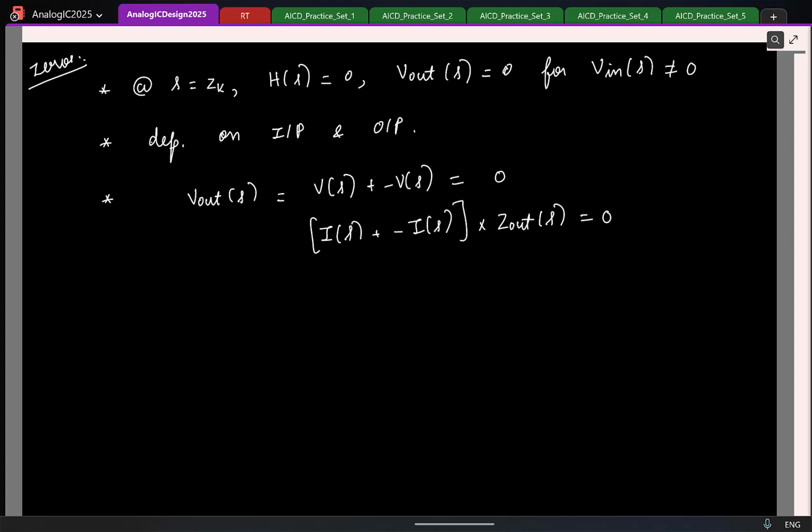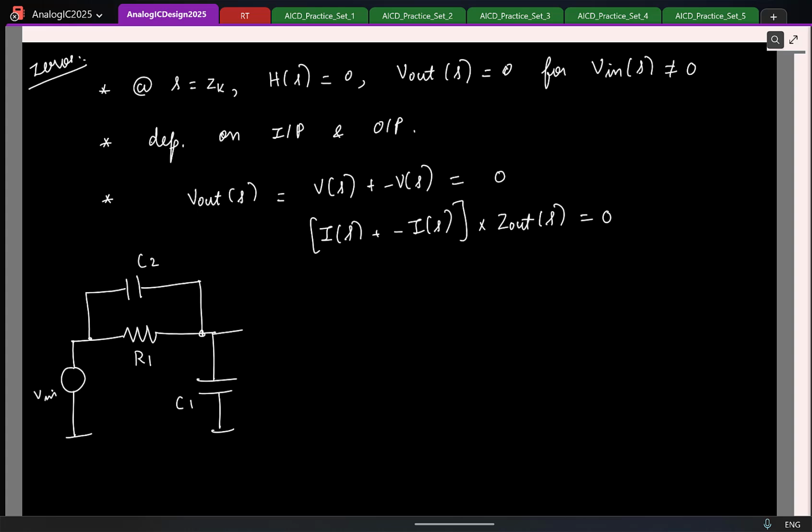So let's look at some example. Let me take a simple case, say something like this, R, C1, C2. Here let's see if we have a 0 or not.